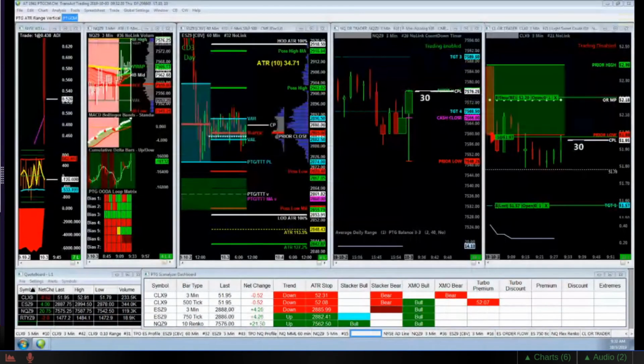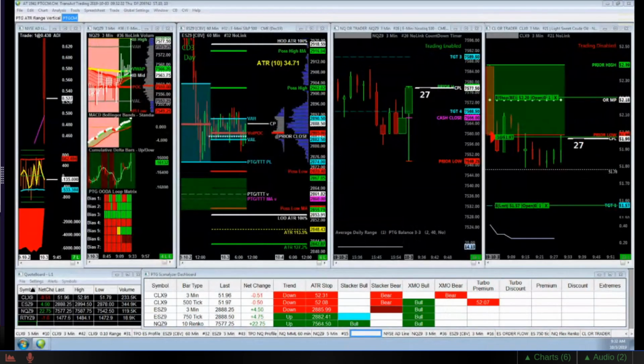Wait for a directional clue to come into play.